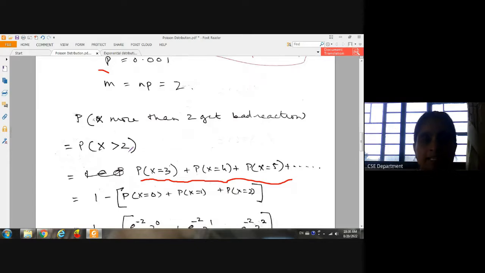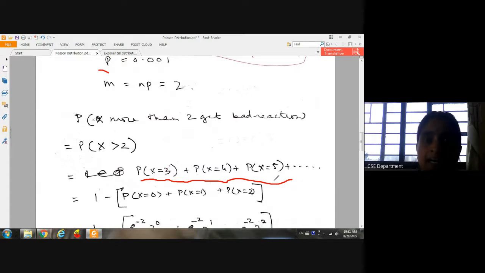So probability x equal to 0 plus probability x equal to 1 plus probability x equal to 2 plus probability x equal to 3, like that till probability x equal to 2000. If you add everything up, you should get 1. Now we want the sum of probability x equal to 3, probability x equal to 4 and so on.